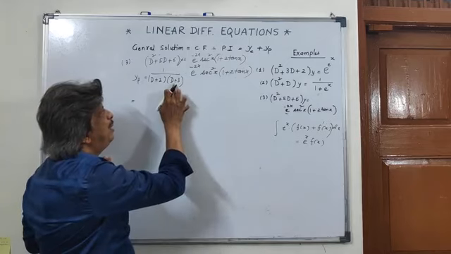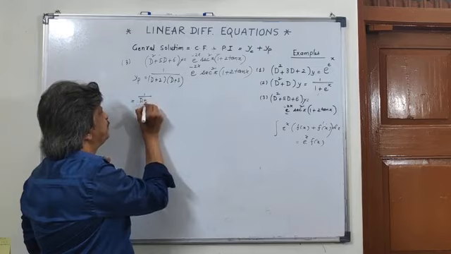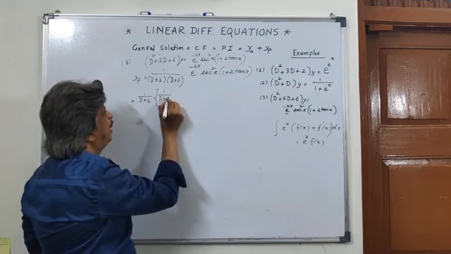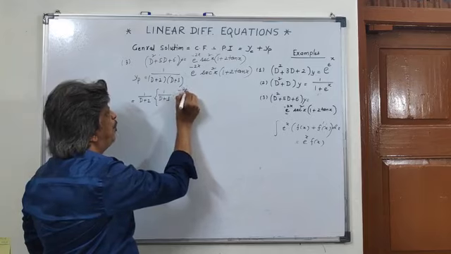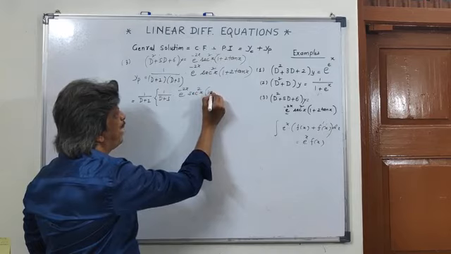So I am again introducing the D plus 3 power first. D plus 3 operating on e to the power minus 2x into sec square x into 1 plus 2 tan x.